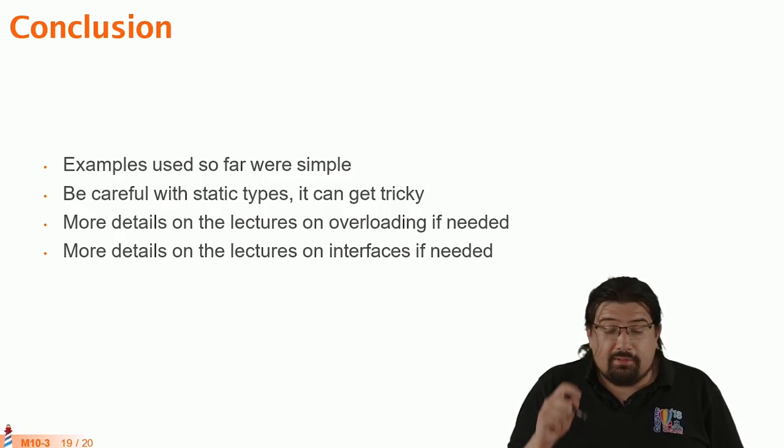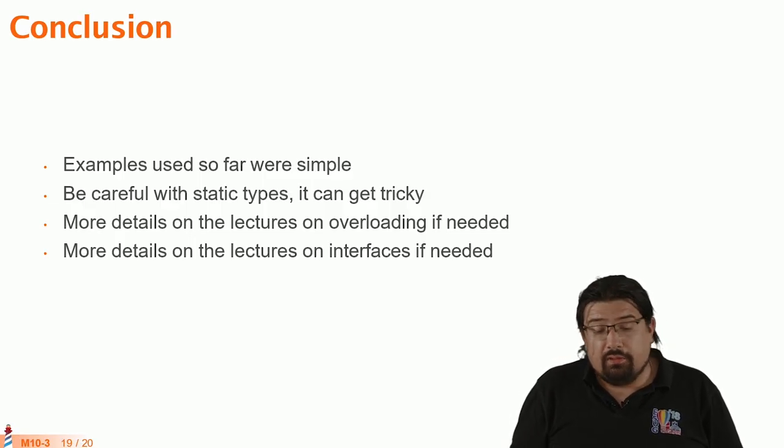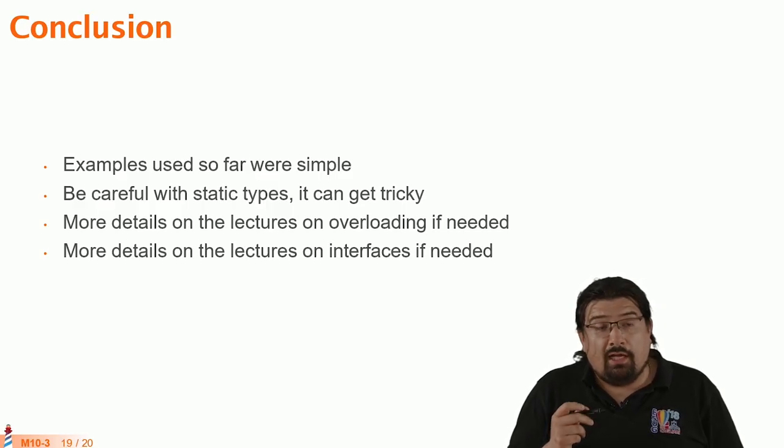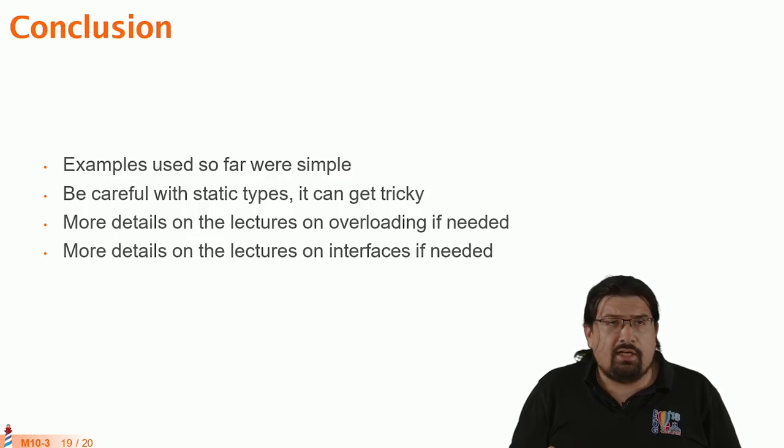The examples that we have seen are really, really simple. You have to be very careful because static types get really tricky when they introduce new rules to the method lookup and can end in a strange execution and unwanted results.